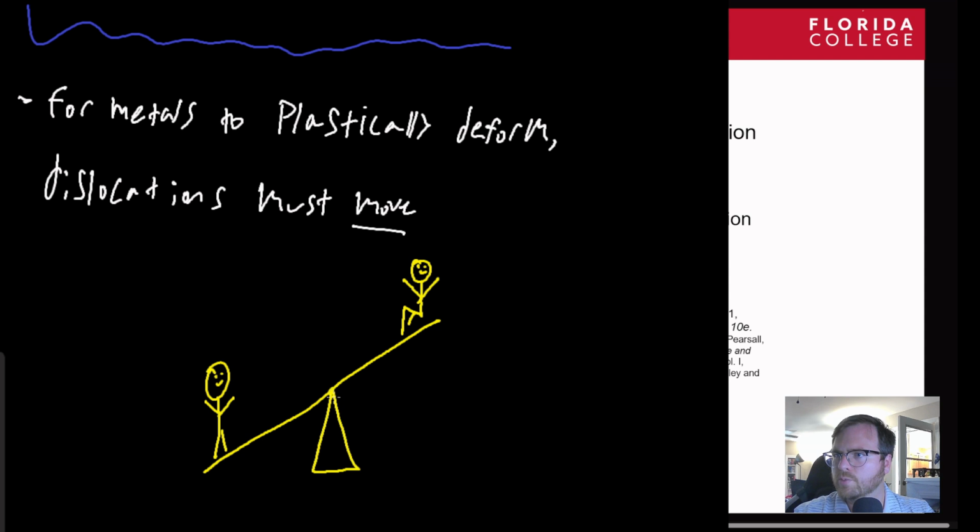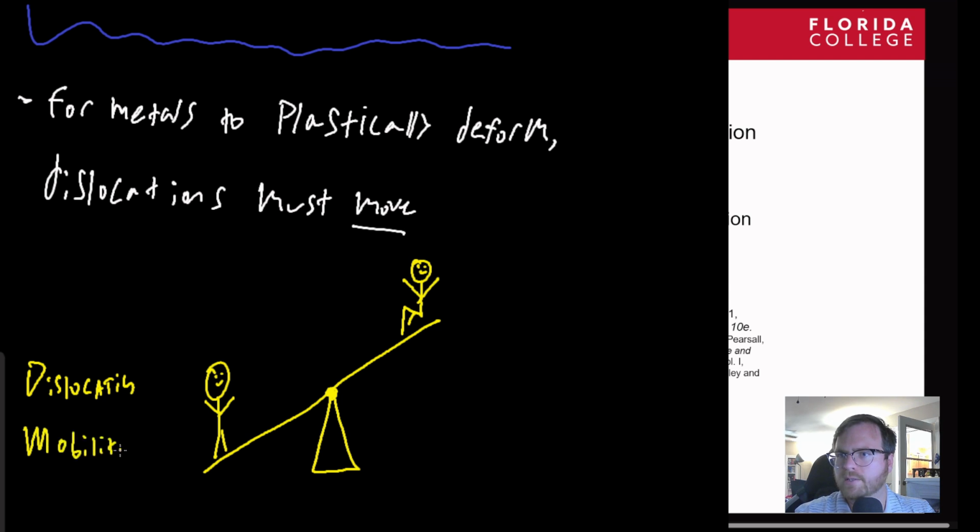And then, of course, we have a fulcrum, right? And so we've got two people on a seesaw. Well, one side of the seesaw is dislocation mobility. Okay. How easy is it for these dislocations to move?